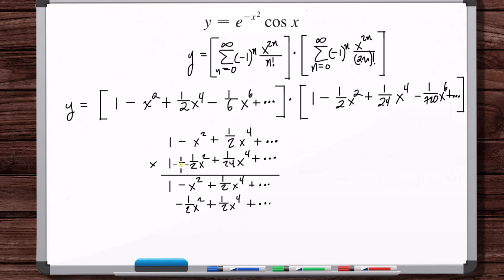Okay, now we multiply this times all 3, and we get 1/24 x to the 4th times 1, positive 1, is 1/24 x to the 4th, and that's it. Because if we did the x squared, we'd get the 6th power.